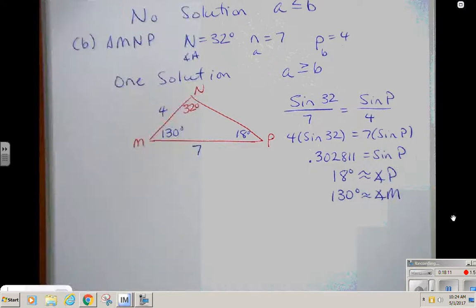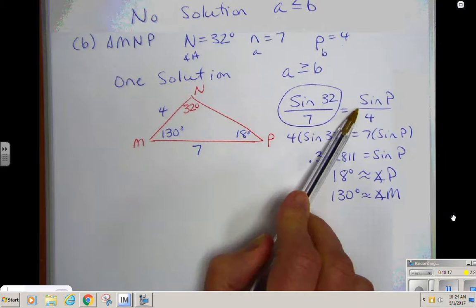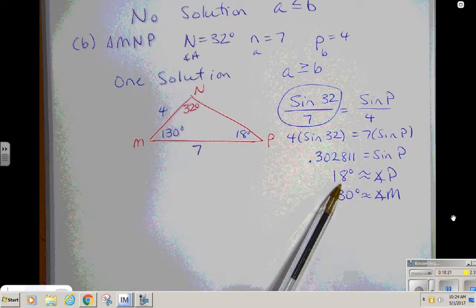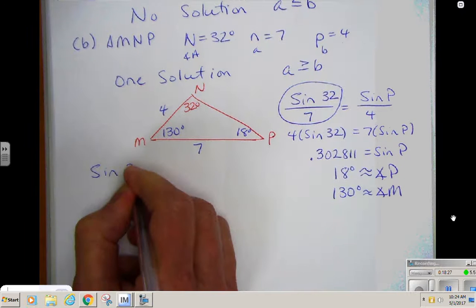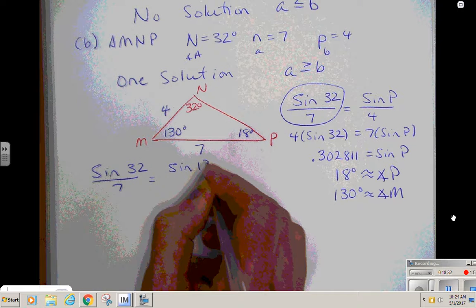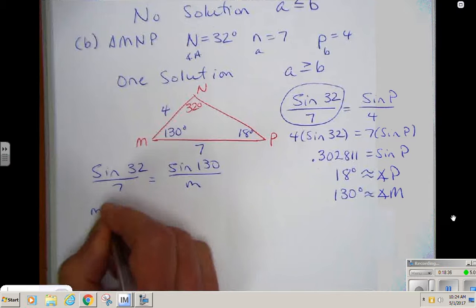Now I just need to solve for side M. So I'm going to use the ratio that's exact. I don't want to use sine P over 4 because I had to round it, and that's going to throw your last answer off even more. So I'm going to use the exact values they give me in the problem, and use sine of 130 over side M. So we can do our cross products.